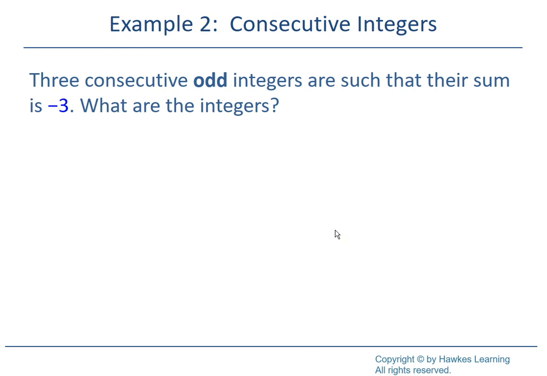Let's check this out here. Now, if we have consecutive integers, such as 5, 6, and 7, and you want to write 3 consecutive integers using algebra, let x be the first integer.